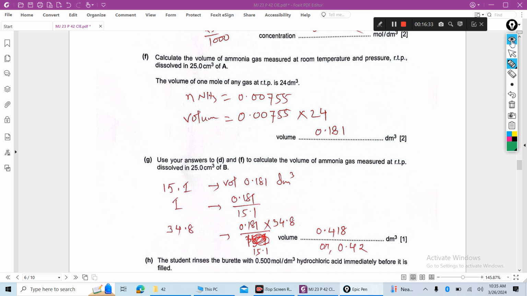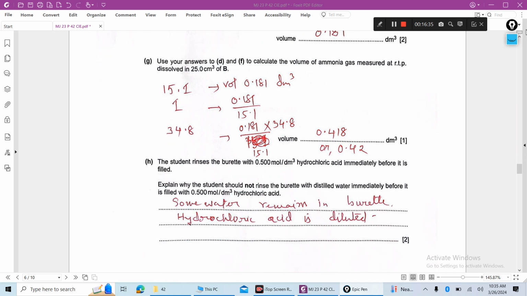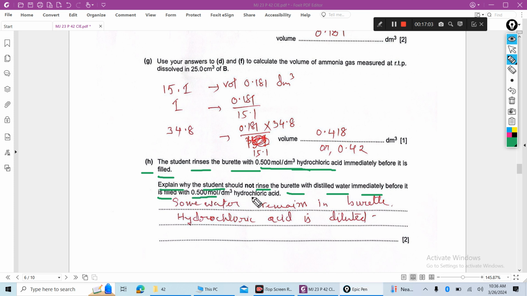Now the student rinses the burette with 0.500 mole per dm cube hydrochloric acid immediately before it is filled. Explain why the student should not rinse the burette with distilled water immediately before it is filled with 0.5 mole per dm cube hydrochloric acid.